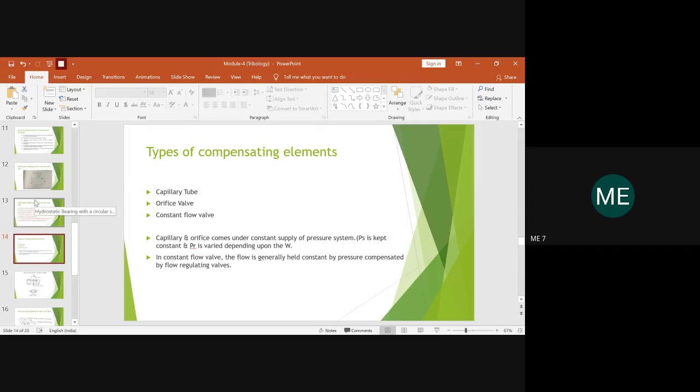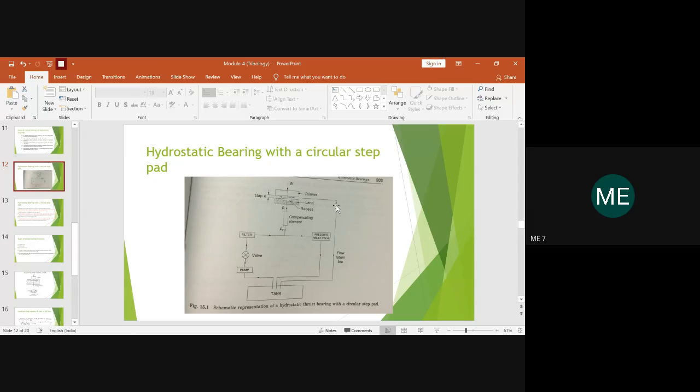Even if there is a slight variation across PS and PR, it is okay. But if there is a huge difference between the supply and the required pressure, there are chances of more leakages. If there are more leakages, the oil gets squeezed out and the amount of oil coming through the return will be higher.